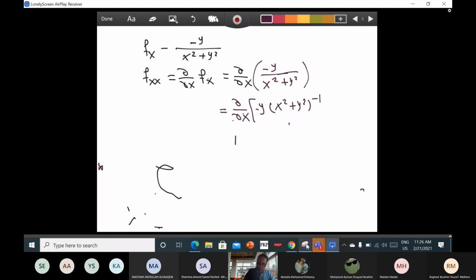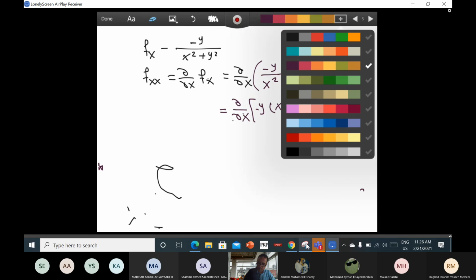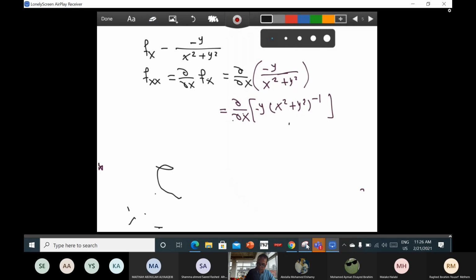As I said before, I'm differentiating with respect to x, so y is constant. If it is multiplied, I can take it outside, right? So I'm going to take this one outside. So I will have minus y outside, partial by partial x, for x squared plus y squared to the minus 1. Okay?